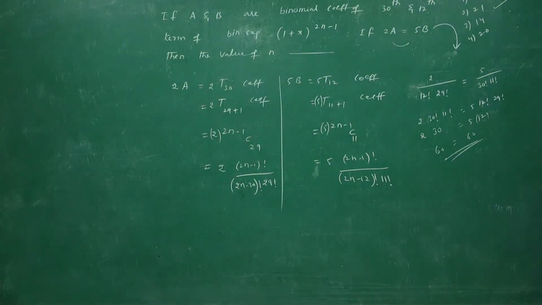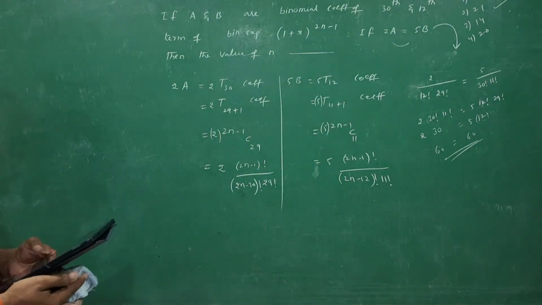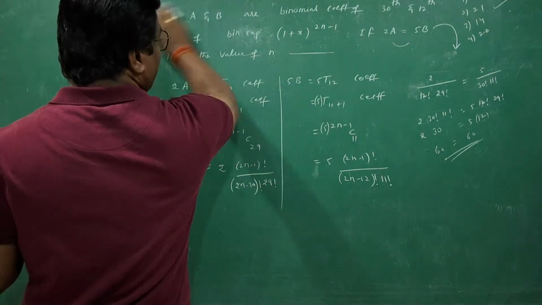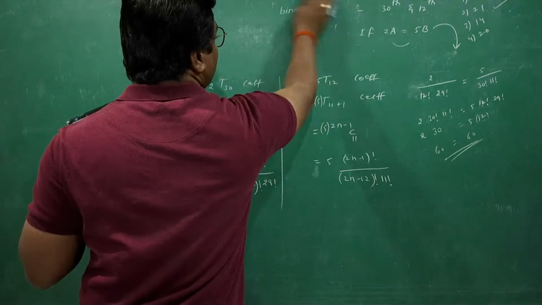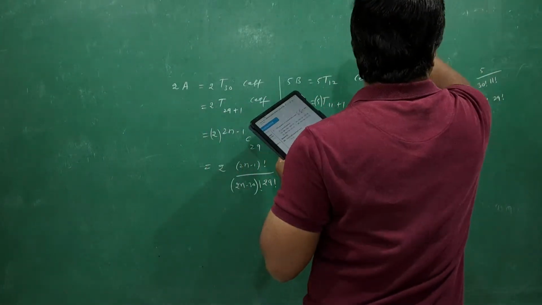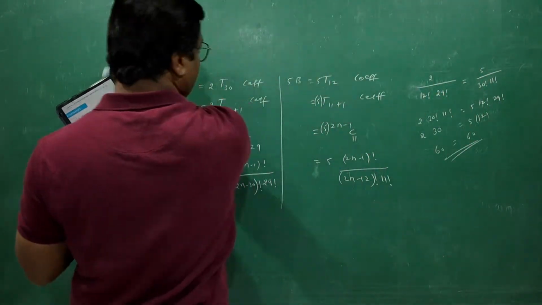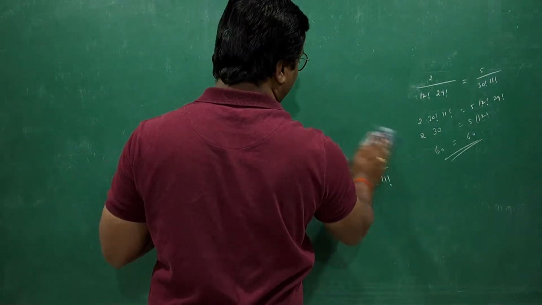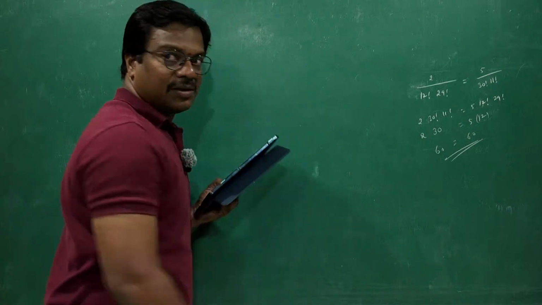Next, move to the third one. Without option verification, it is very difficult to solve. Why?